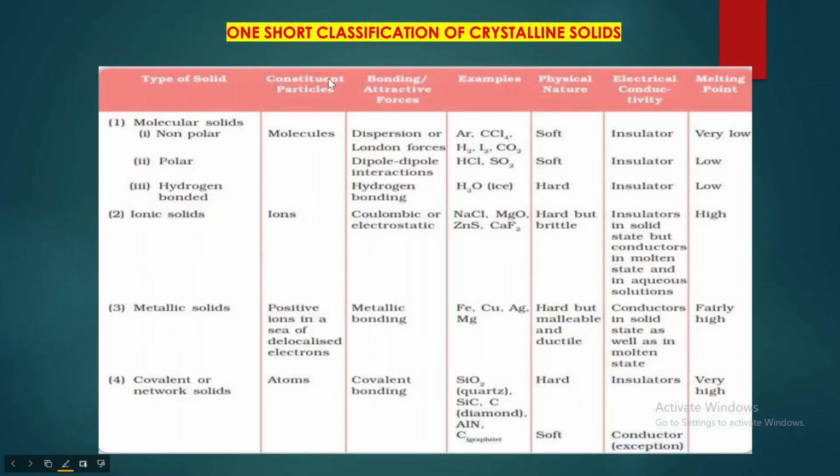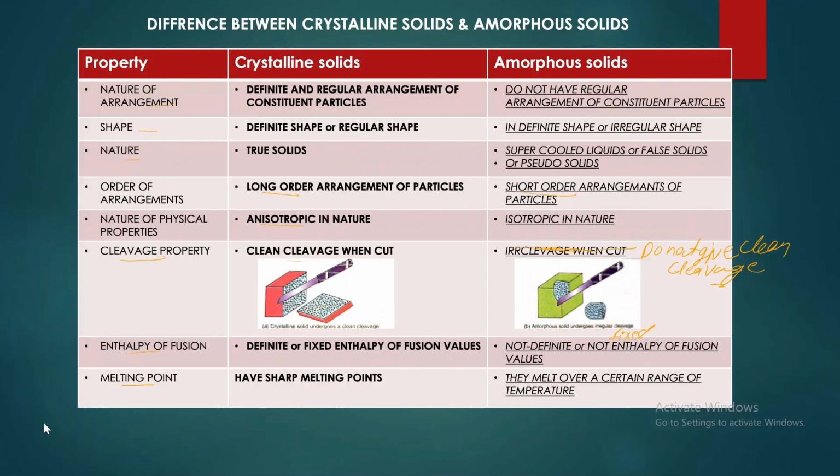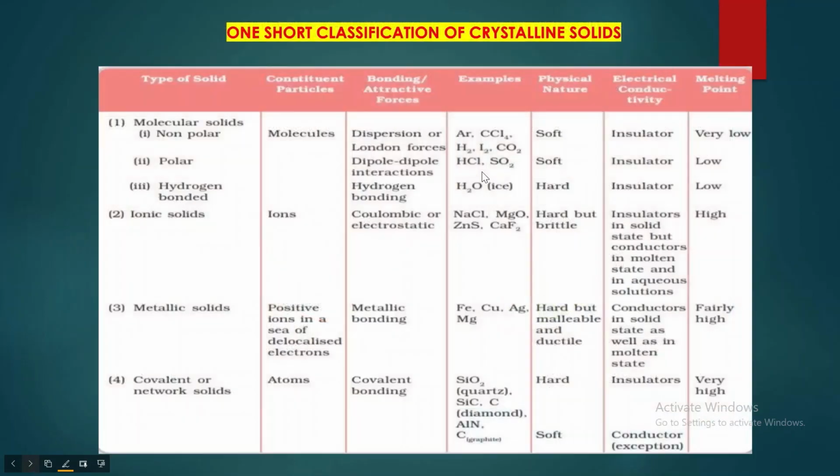Now the next is the classification of crystalline solids. First, molecular solid, ionic solid, metallic solid, and covalent or network solid. Molecular solids are also categorized as non-polar, polar, and hydrogen bonded. In molecular solids, molecules are the constituent particles in each subdivided part, but the attractive force between the molecules is different.